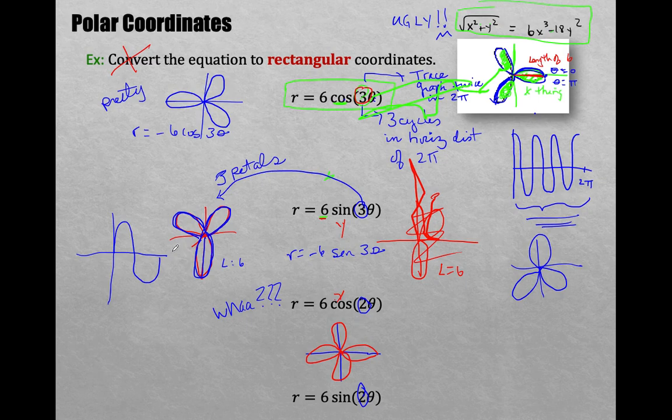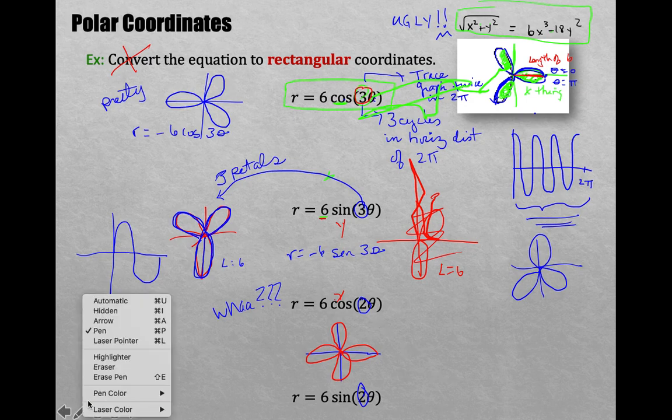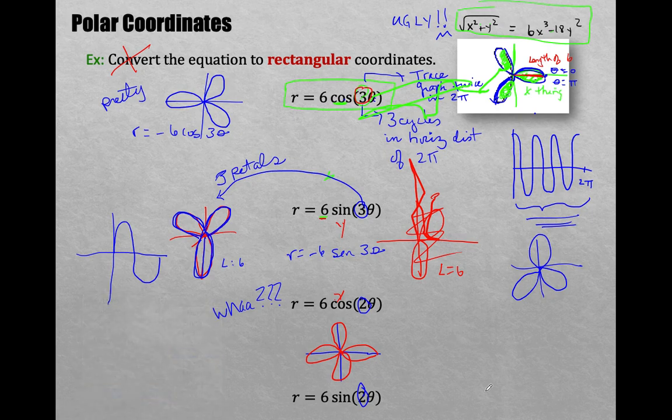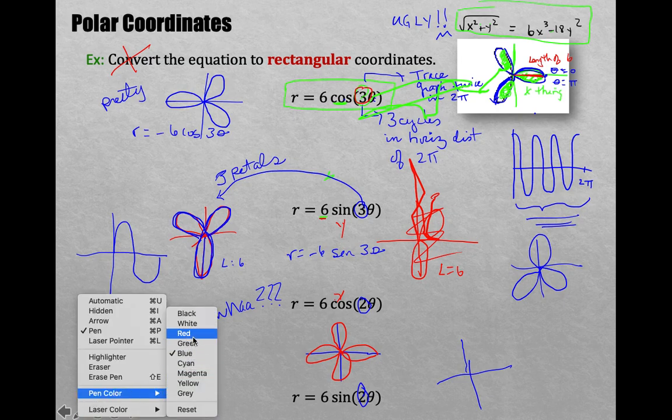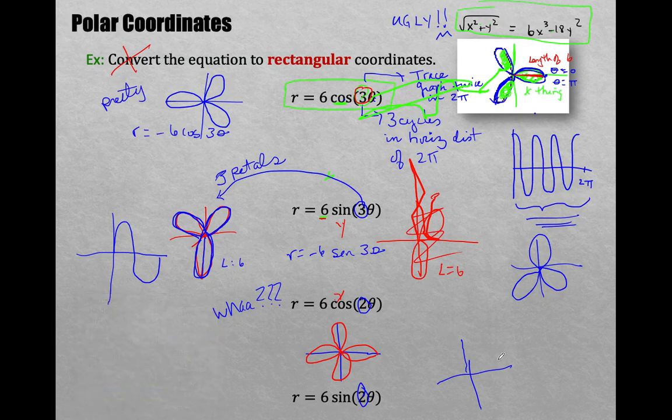Well, what the heck then does 6 sine 2 theta look like? The same thing, do you think? Oh. Weird. 6 sine 2 theta looks like this. There's no orientation with an axis.